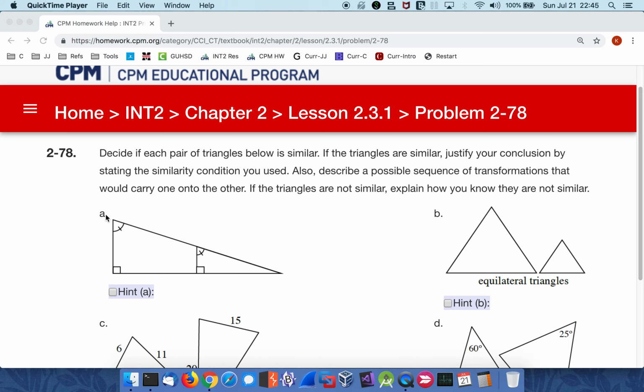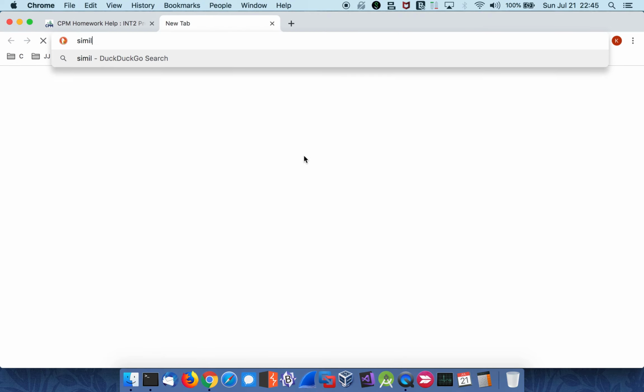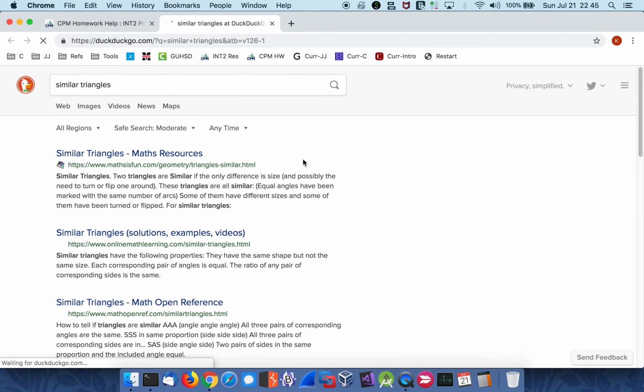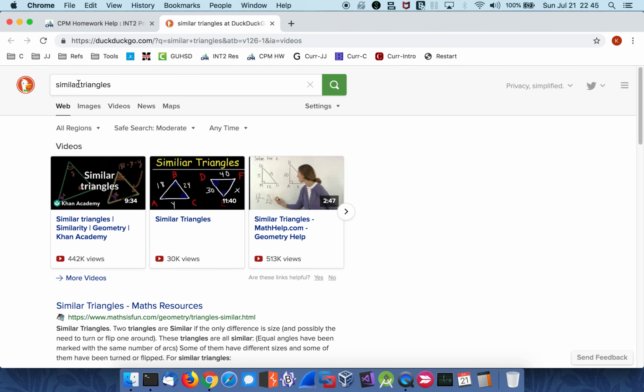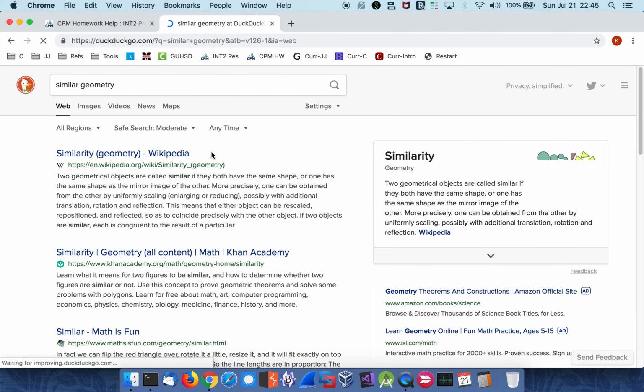Okay, so A. So recall again, and we can actually probably Google this, so if I just look up similar triangles, there's probably a Wikipedia page that'll show us. Here we go, similar.